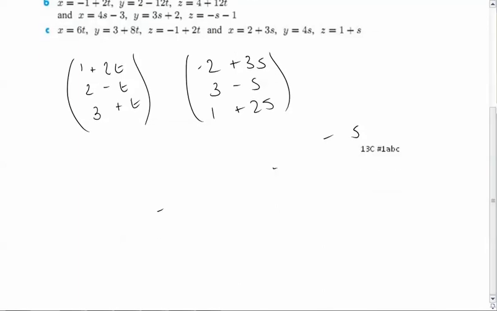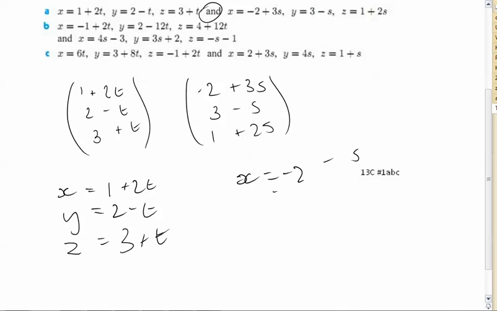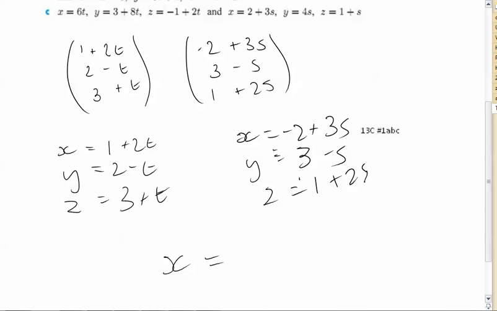So these are the two matrices here, and they could be further written as x equals 1 plus 2t, y equals 2 minus t, z equals 3 plus t, and on the other side x equals minus 2 plus 3s, y equals 3 minus s, z equals 1 plus 2s. So technically that means that x on both sides should equal x, y equals y, and z equals z.